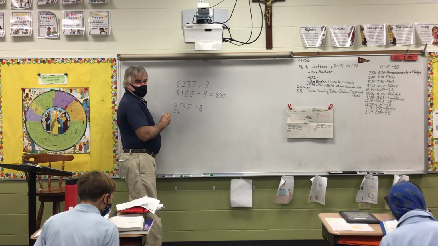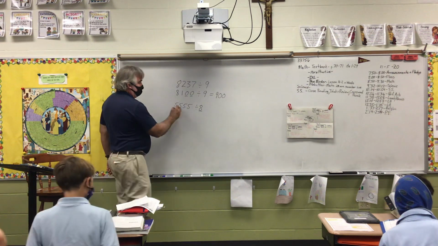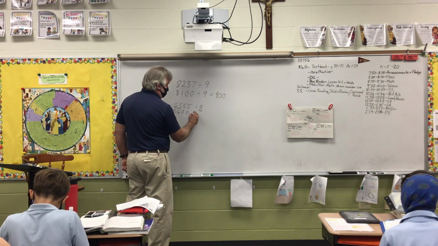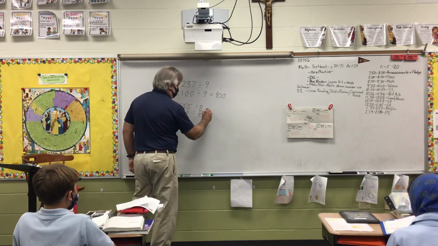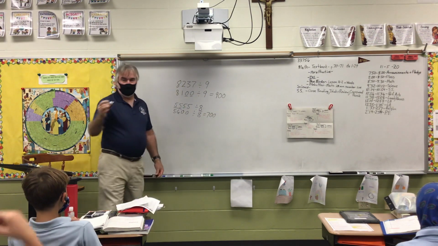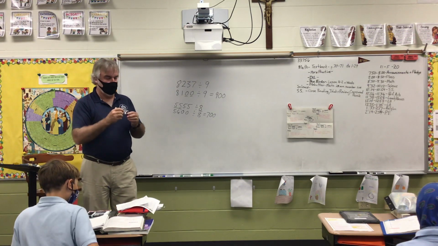The 8 and 55, right? This becomes zeros. 8 goes into 56. How many times? 7. And how many zeros? 2. Did it become easier for you? Once you understand it, all right?